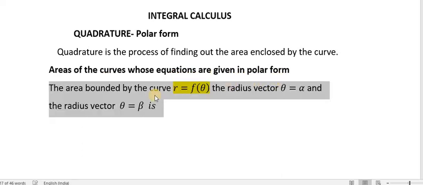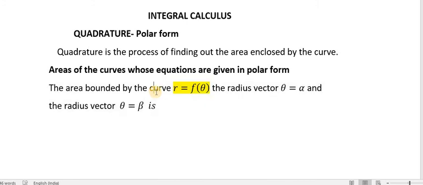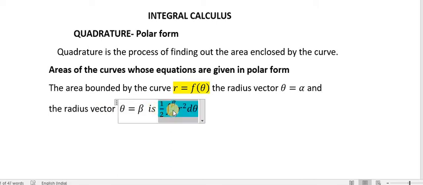Let us consider the area bounded by the curve r is equal to f of theta, the radius vector theta is equal to alpha, and the radius vector theta is equal to beta. It is given by half into integral alpha to beta r square d theta.